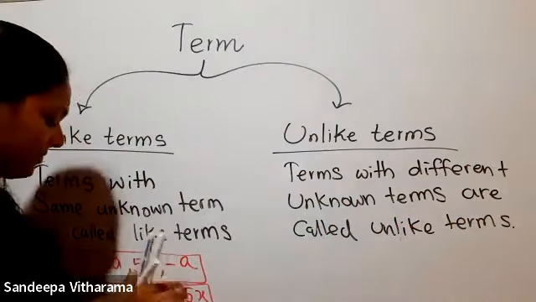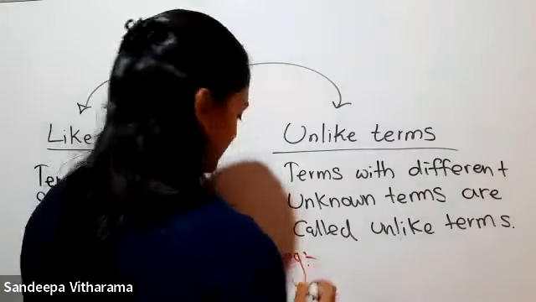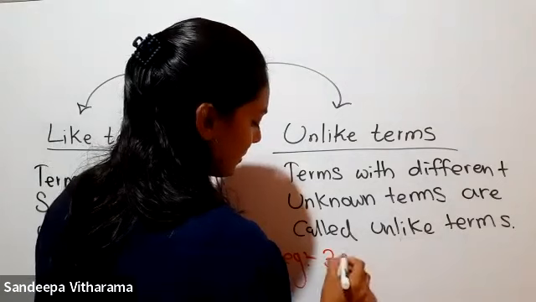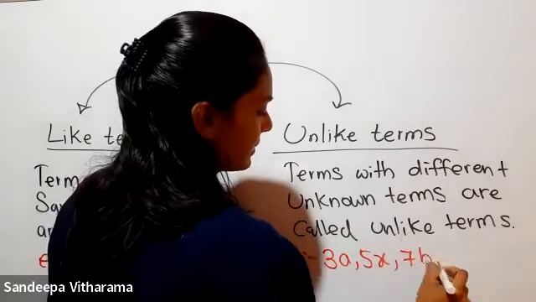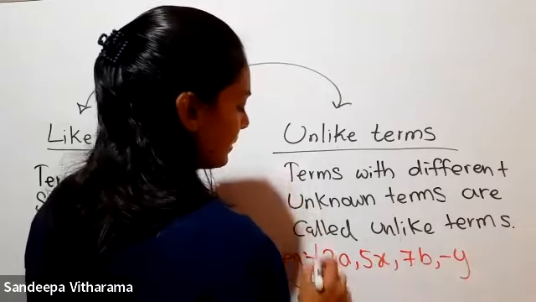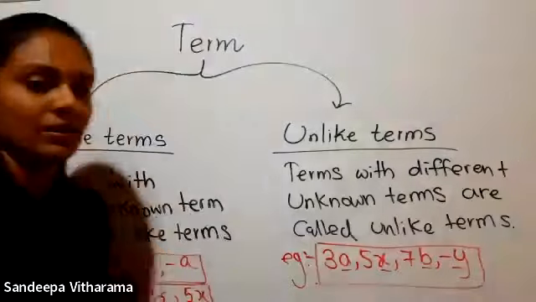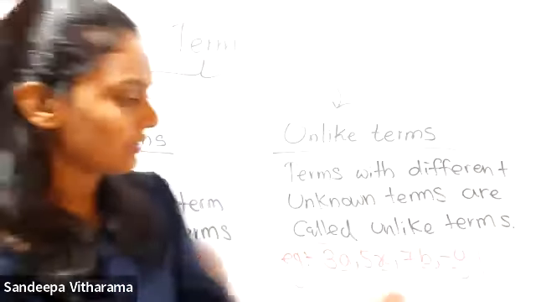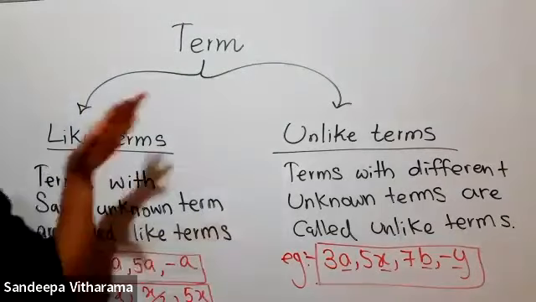Okay. Then for example, it is 3A, 5x, 7b, minus y. Now you can see that here the unknown terms are different. So these kinds of terms are called unlike terms. Okay. Write down this chart.